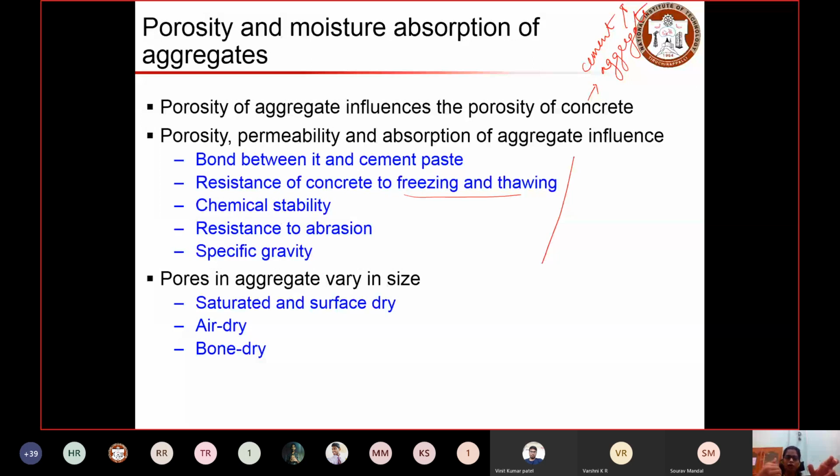This is important because even a small addition of water will influence the workability of concrete in its fresh state. So we have to do a test to find out the moisture level present in the aggregate, and do a moisture correction for it. If the aggregate is wet, we need to know the amount of moisture present so that we can deduct that much water from the water cement ratio so that it will be balanced.